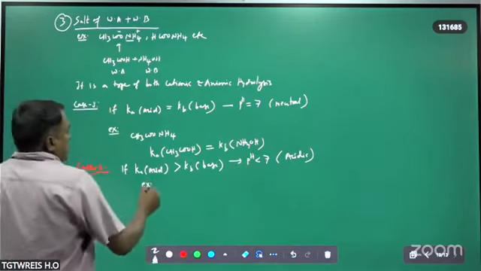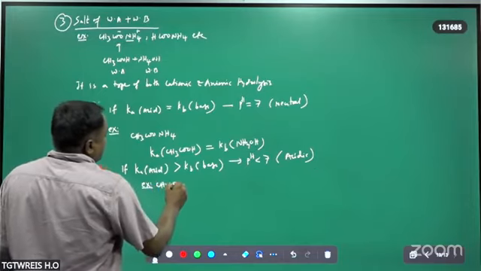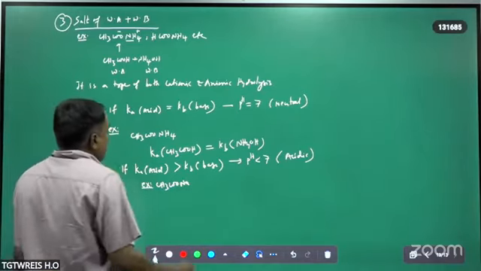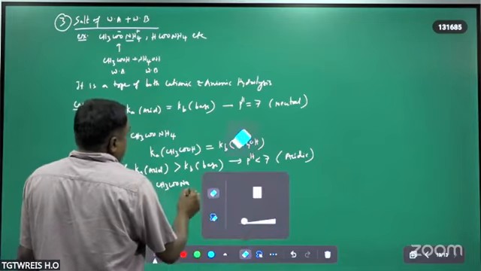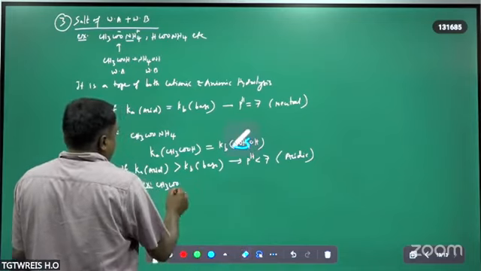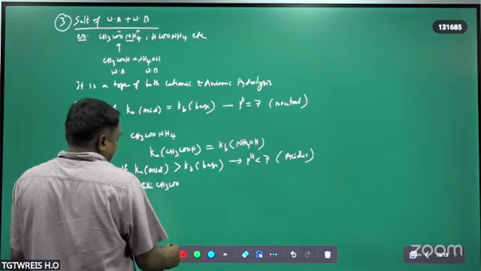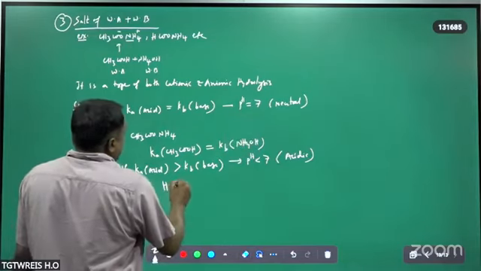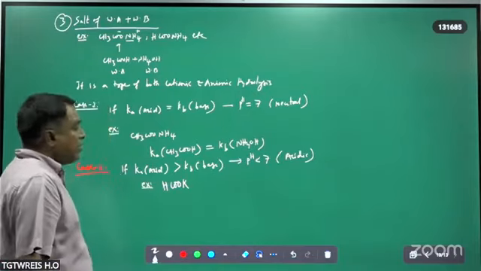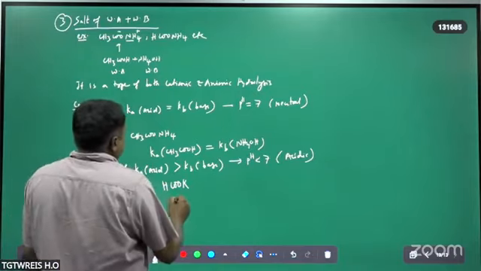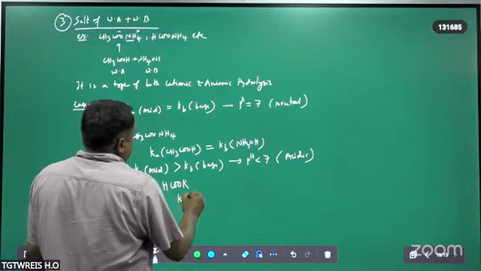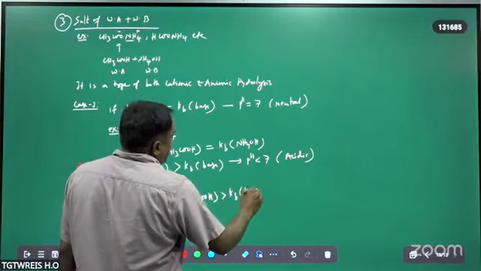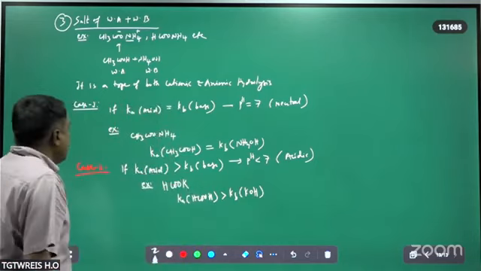For example, HCOOK: Ka of HCOOH is greater than Kb of KOH. Therefore, pH is less than 7 in this case.